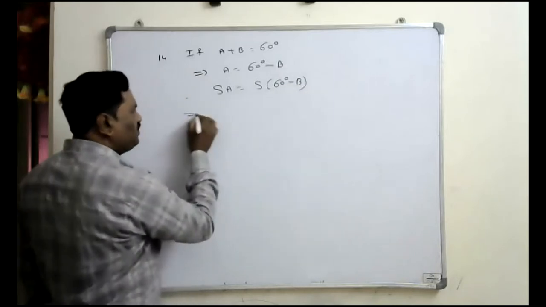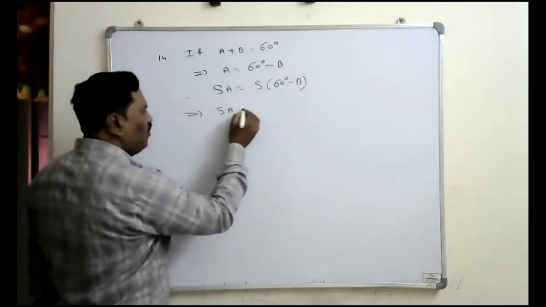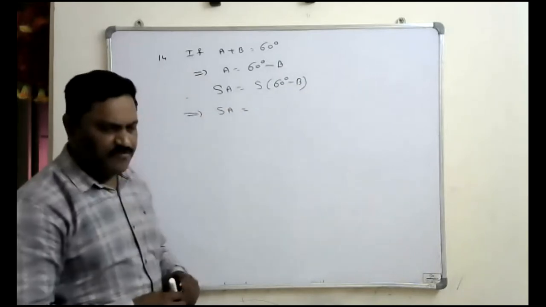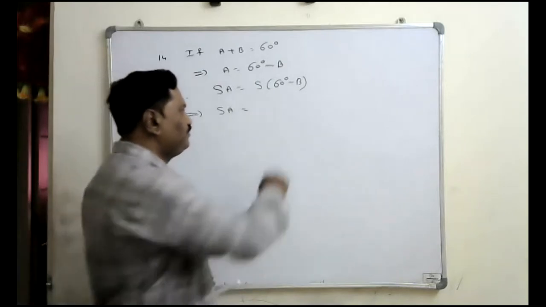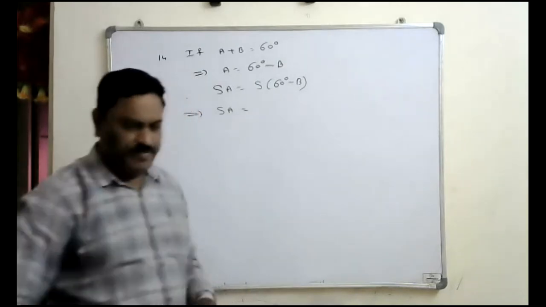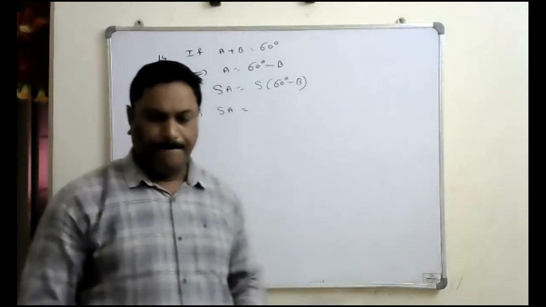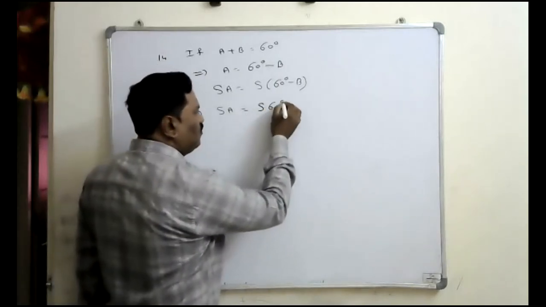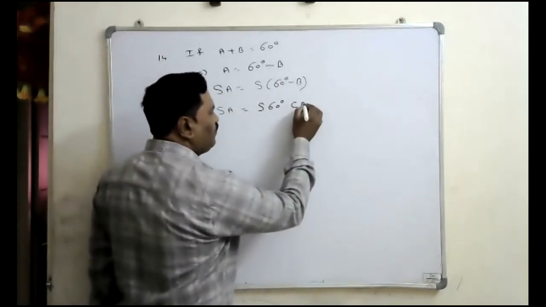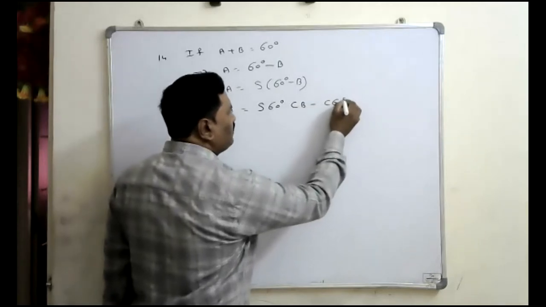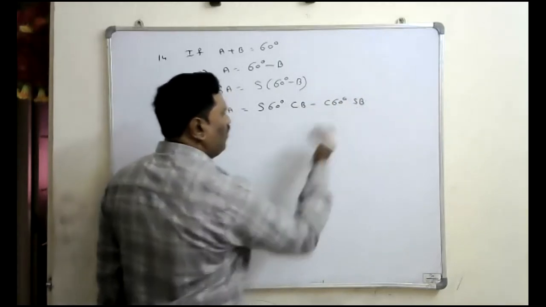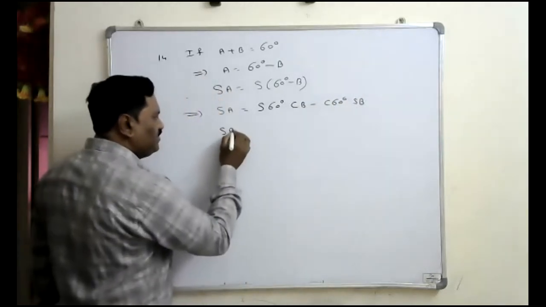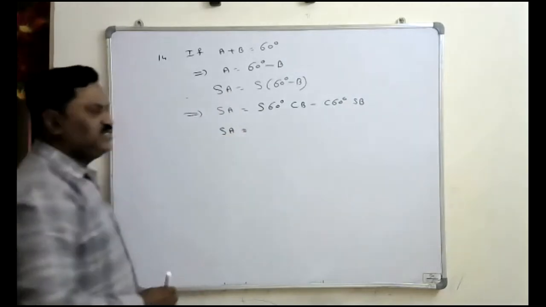So sine A is equal to, it is in the form of sine of A minus B. What is the formula for sine of A minus B? Sine A cos B minus cos A sin B. So we will apply that formula. What is the value of sine 60 degree?